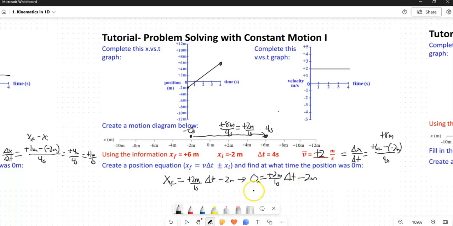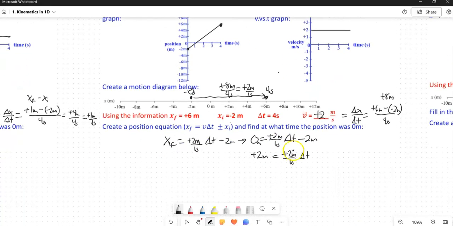And so add that positive 2 onto the other side. And then we have this for 1 second, delta t. So we're going to have to multiply both sides by 1 second, divide both sides by positive 2 meters. So basically, we're going to multiply the entire equation by 1 second divided by positive 2 meters.